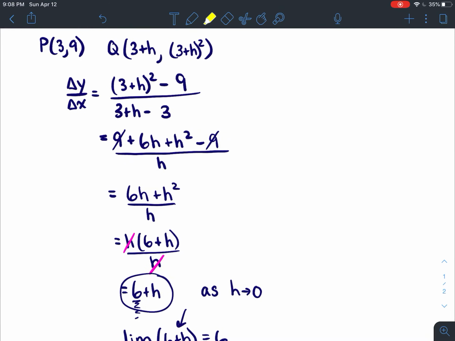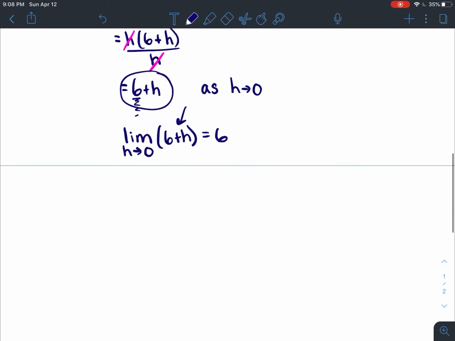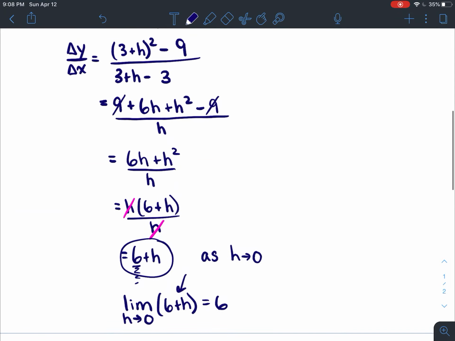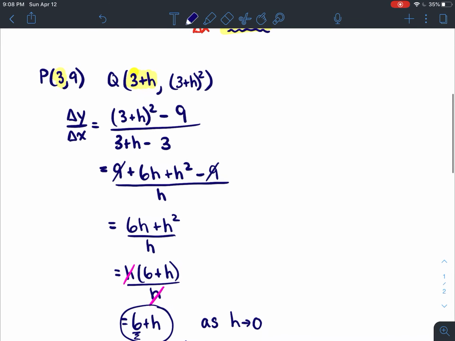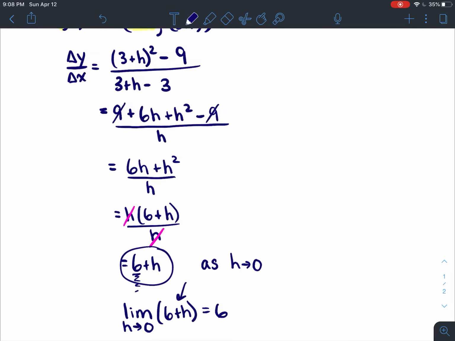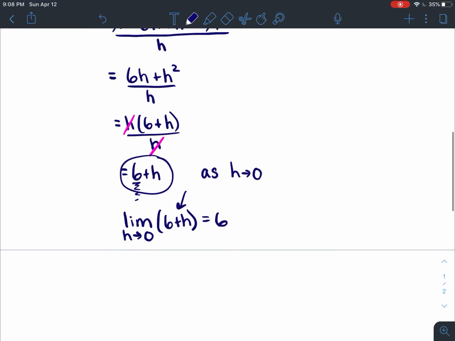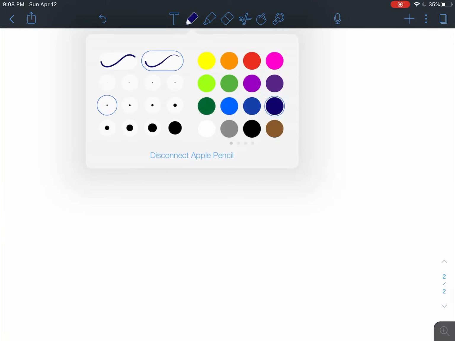And the best way to do that for now is by making this second X value the first one plus H, because then we can just restrict H to be nothing eventually. So basically we just found out that the instantaneous rate of change is 6 at point P. So let's try another question like that.